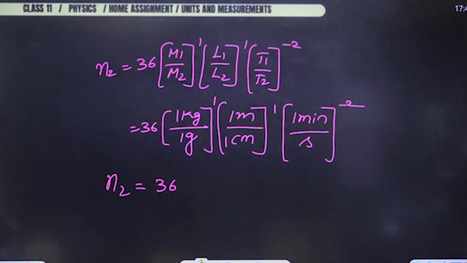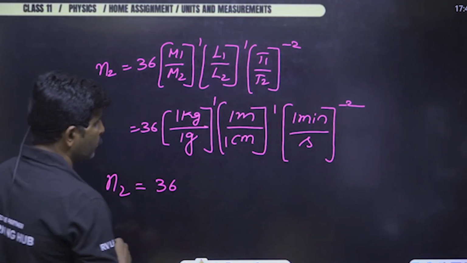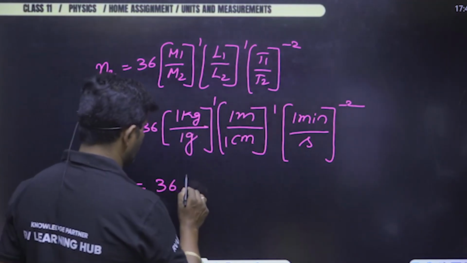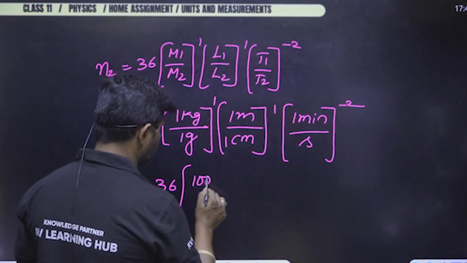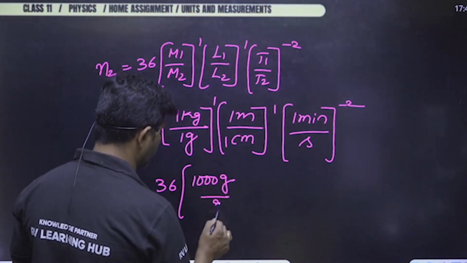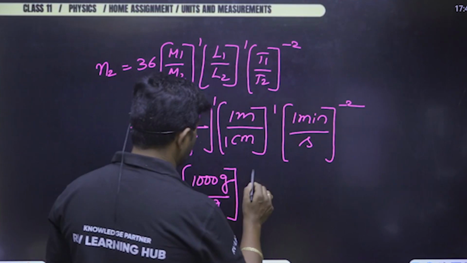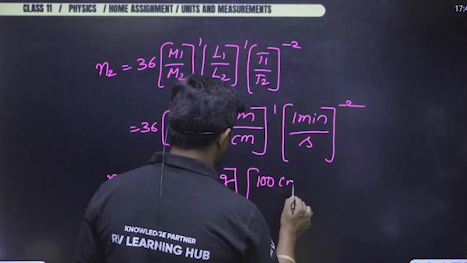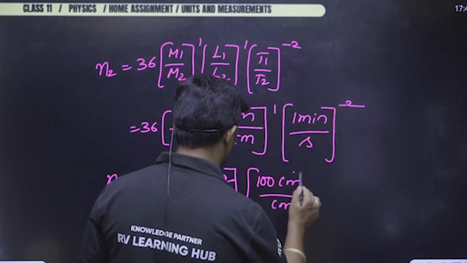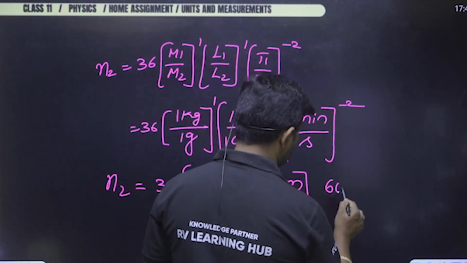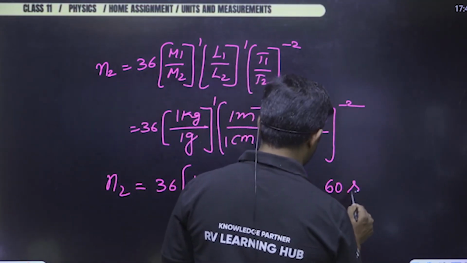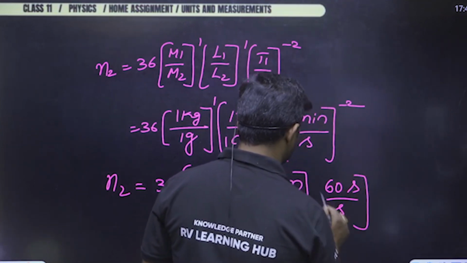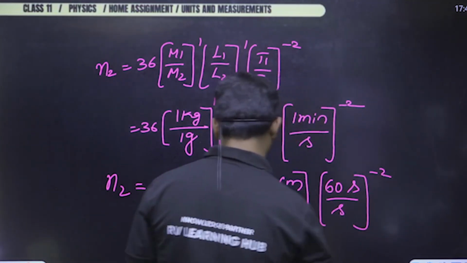How can we simplify this? 1 kg is nothing but 1000 grams divided by gram. 1 meter is nothing but 100 centimeters divided by centimeter. 60 seconds divided by seconds, whole to the power of minus 2.